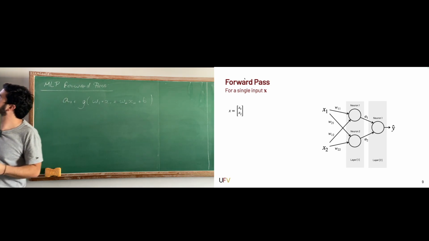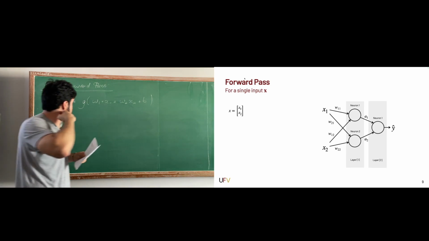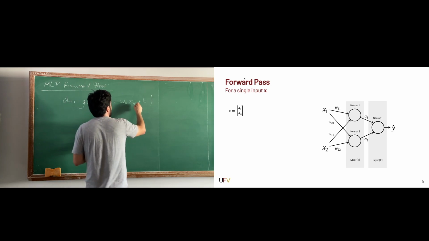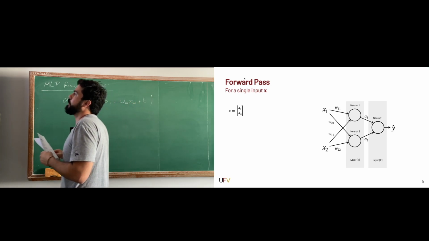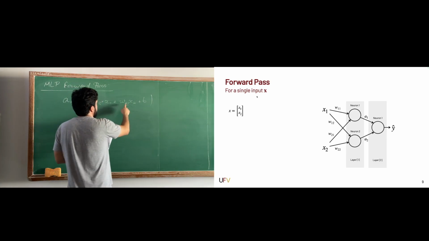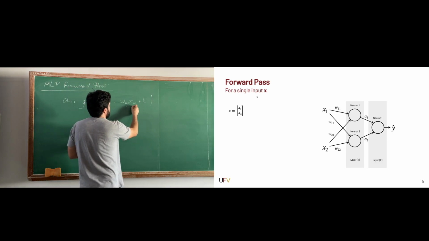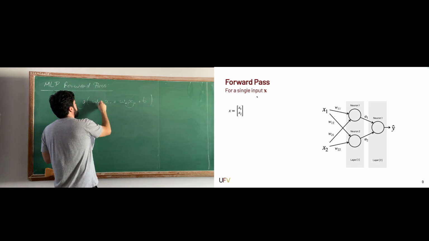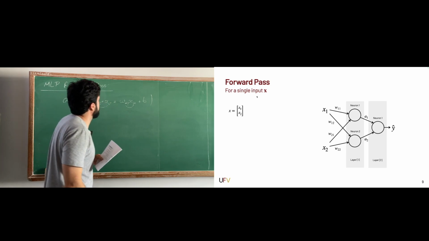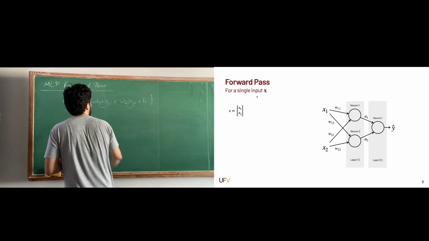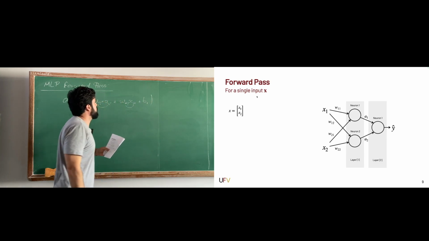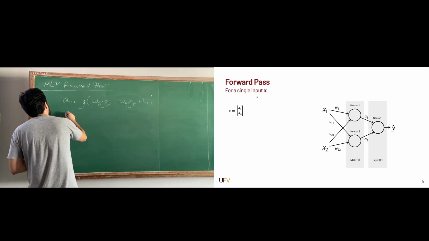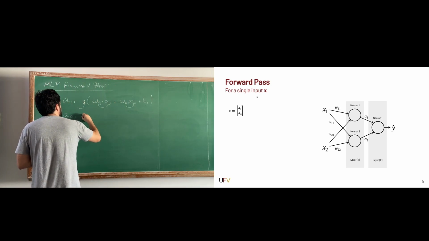And notice that there is a second subscript there which we're going to use in each weight to denote the ID of the neuron. And the first subscript is just to refer to which input index, or each input dimension, this weight is associated to. Okay. So this would give us A1. And here I'm going to also put a 1 because this is the bias term of the first neuron. Okay. And A2 is going to be similar.